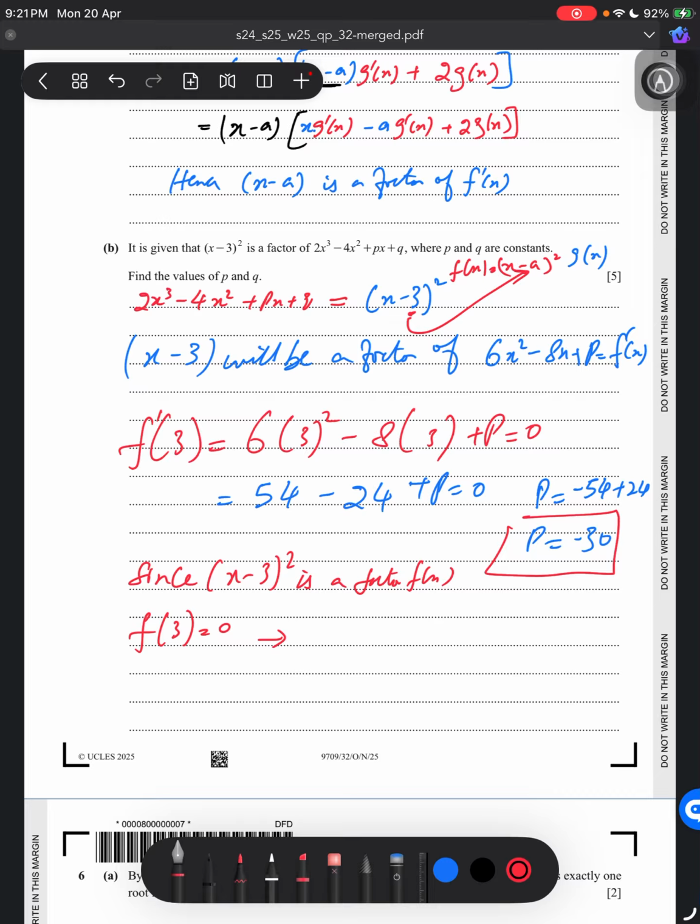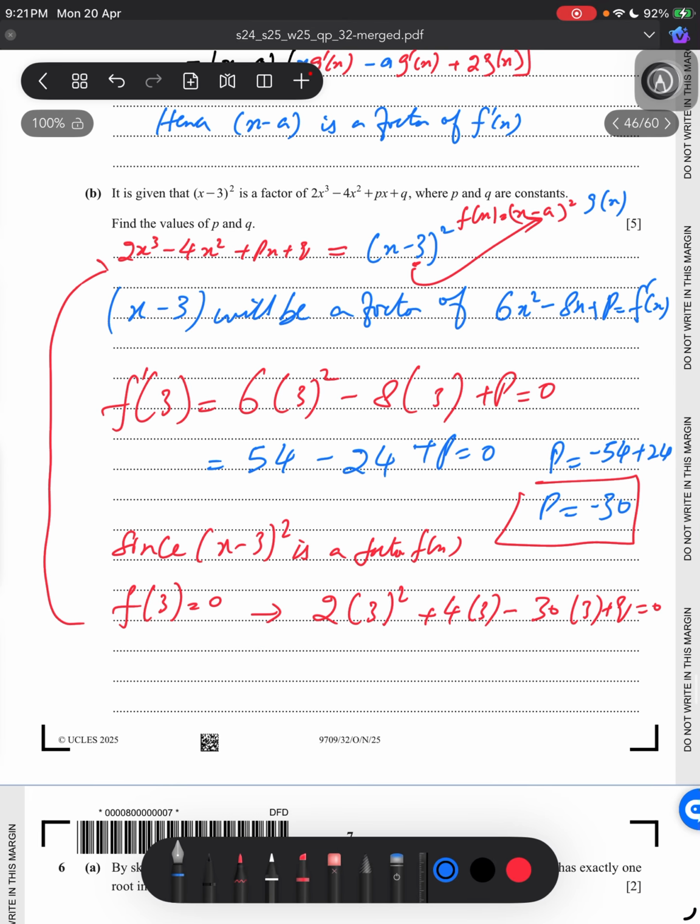In this particular case, we have 2 times 3 squared, the real value is this one. So plus 4 times 3, and 30. The value of p is negative 30, with 3, and q equals to, in this form, we would find the value for q.